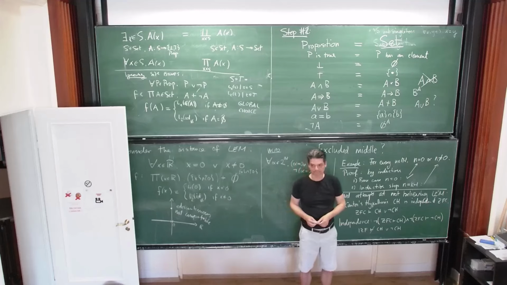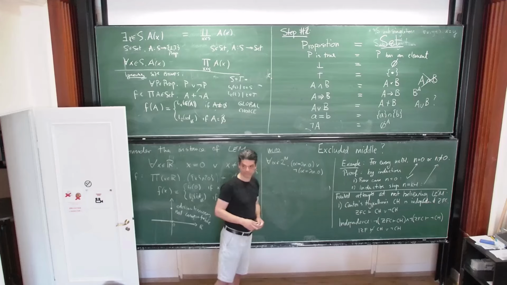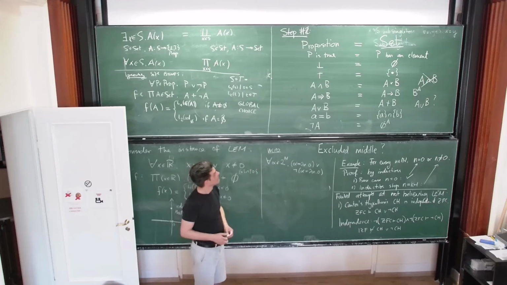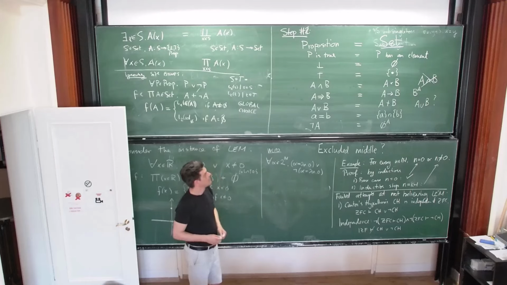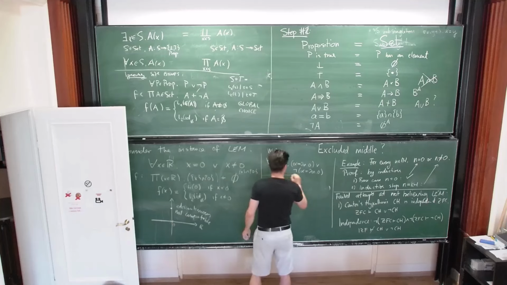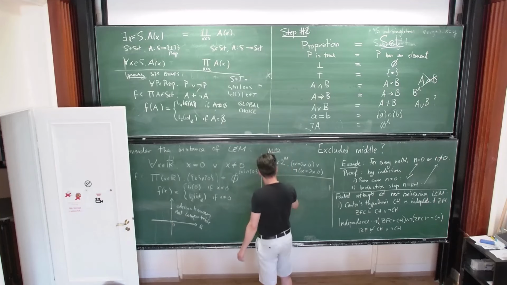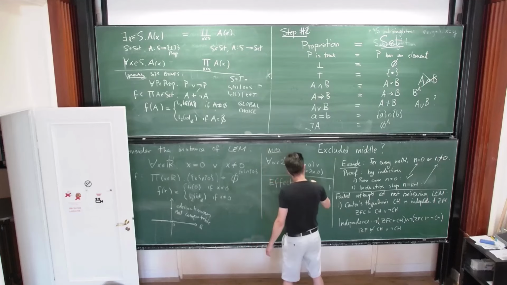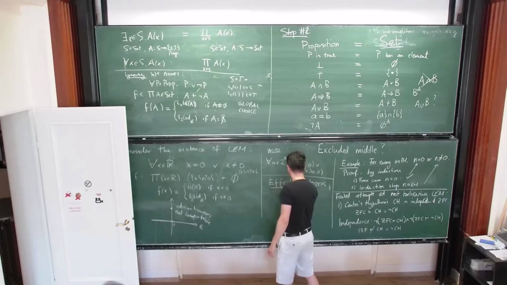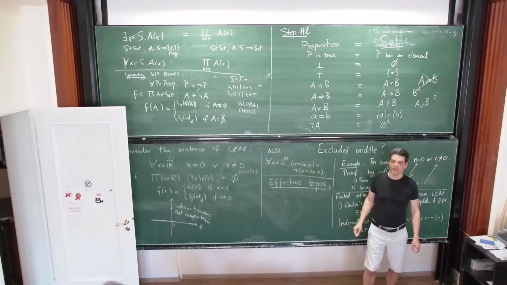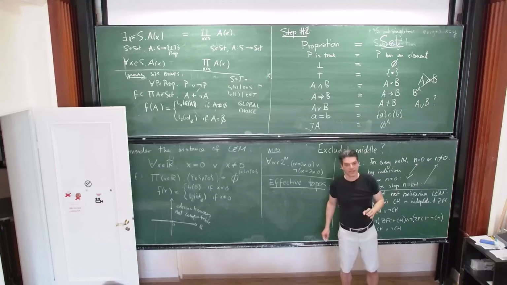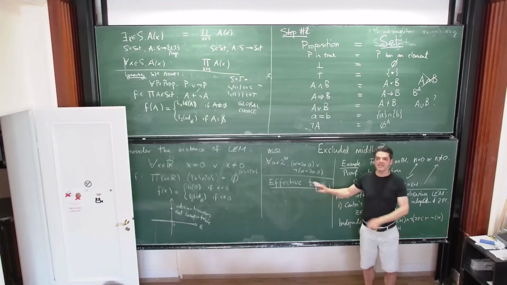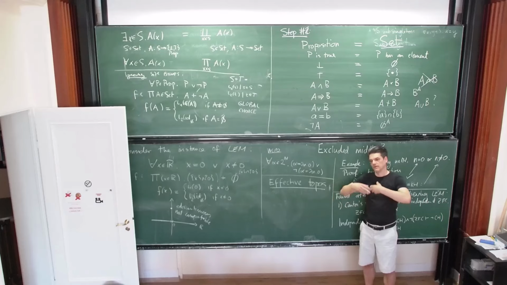Okay? Professor, could you do constructive semantics directly with Turing machines? With Turing machines, that is a good question. It's not quite that simple. It's a little more involved, and it's called the effective topos. But it is the idea that validity is witnessed by Turing machines doing things.